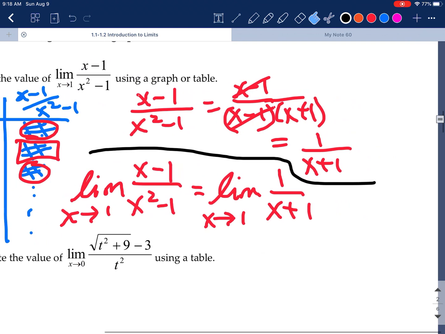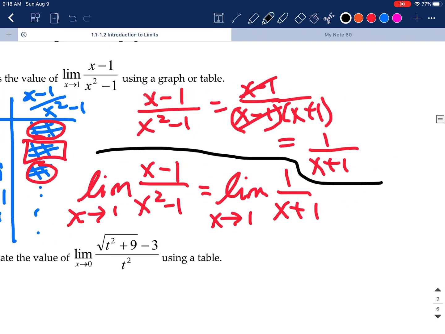Okay, so if that's the case then let's think about that graph, right? So we know there's going to be a hole at that point, but does the hole in our graph matter? It doesn't. So if I know that this function is not going to be a jump discontinuity, and it's also not going to be a vertical asymptote, then I can use what we call direct substitution, which we'll focus on in the next section in a lot more detail.